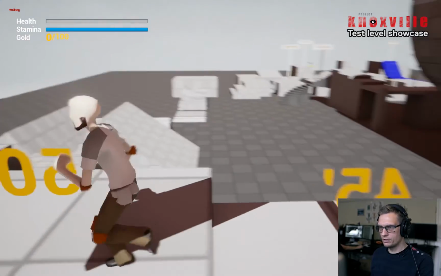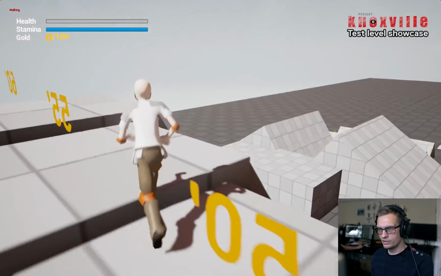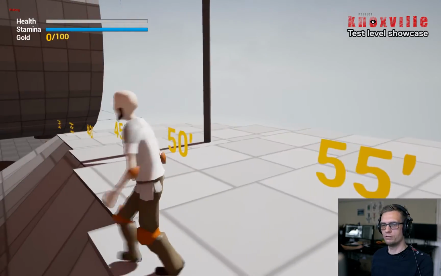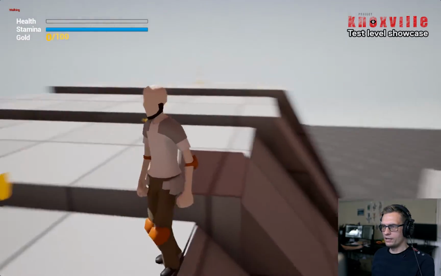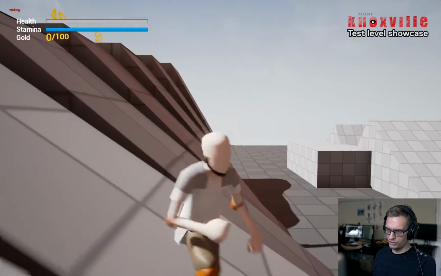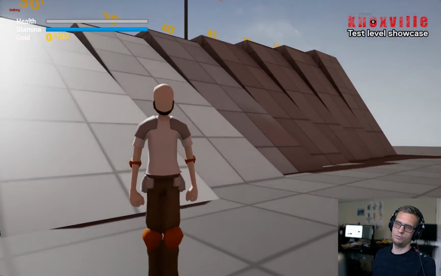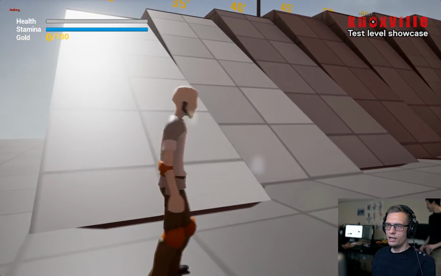The purpose of this level is of course to define some basic rules for when we start level designing arenas for Project Knoxville. One of the things that's really important in level design is that it's easy for the players to read what is going on in a level.